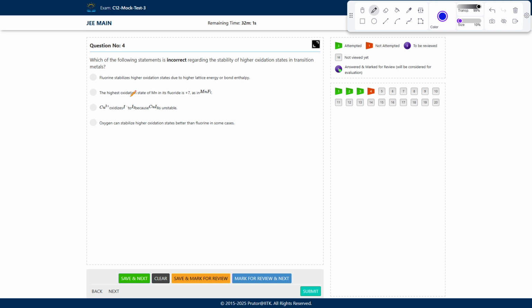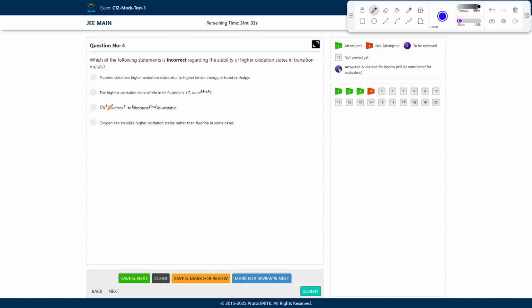If you see the first statement, saying that fluorine stabilizes higher oxidation states due to the higher lattice energy or bond enthalpy, this statement is basically the correct one, because the fluoride form with the transition elements is going to be stable due to fluorine's higher lattice energy and bond enthalpy value, right?